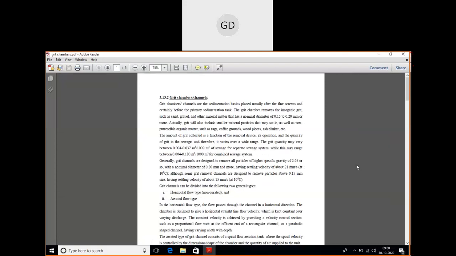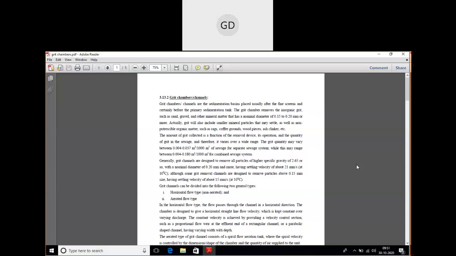So next is about grit removal basins, or you can say grit chambers or channels. The grit chambers or grit channels are usually called sedimentation basins. They are usually placed after the fine screens.